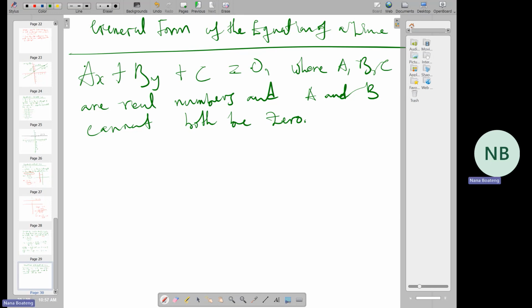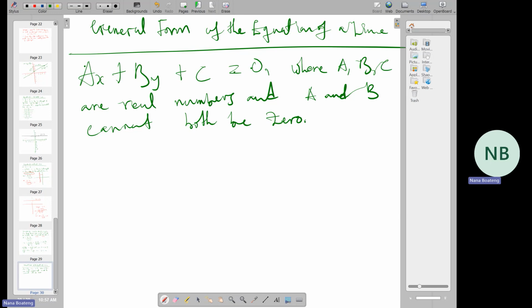And it says find the slope and the y-intercept of the line whose equation is 3x plus 6y minus 12 is equal to 0.